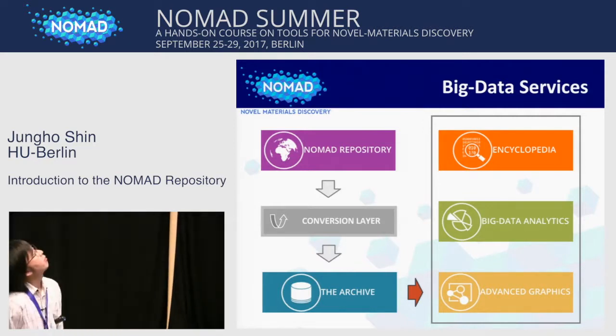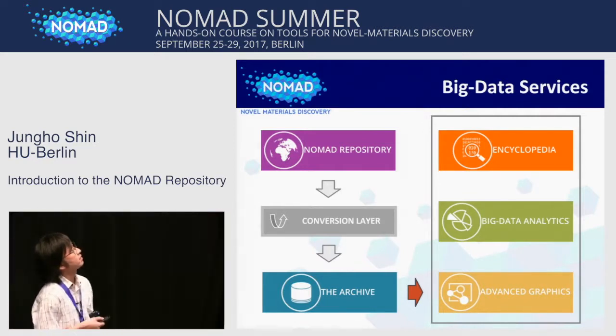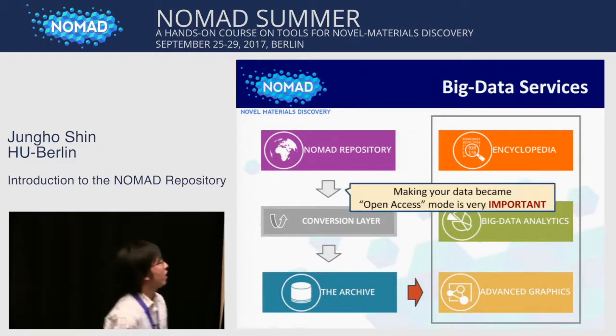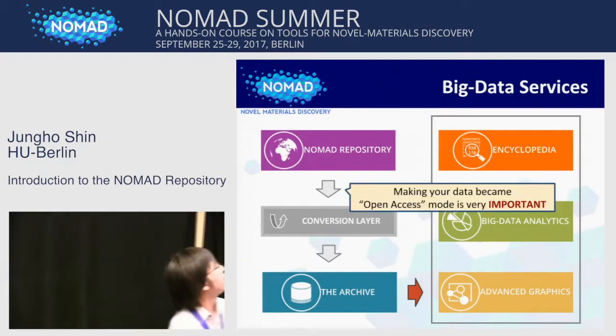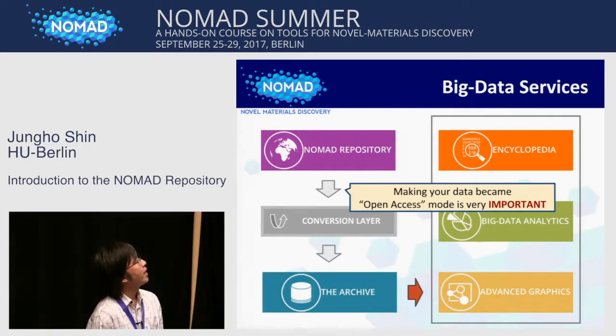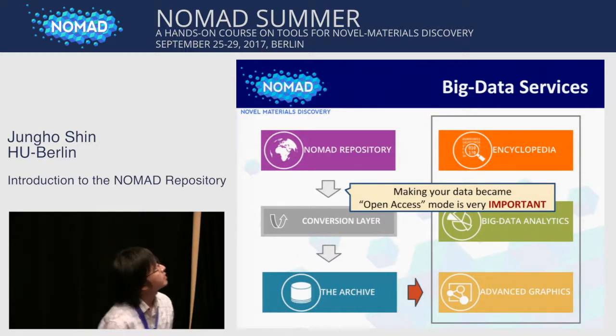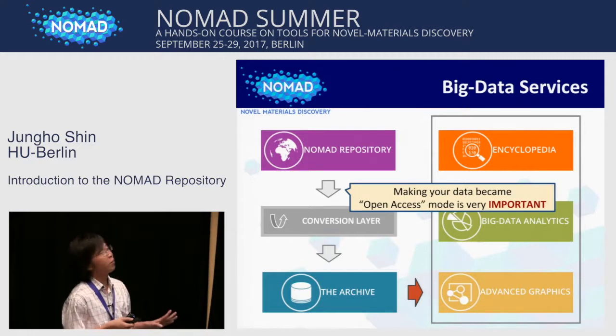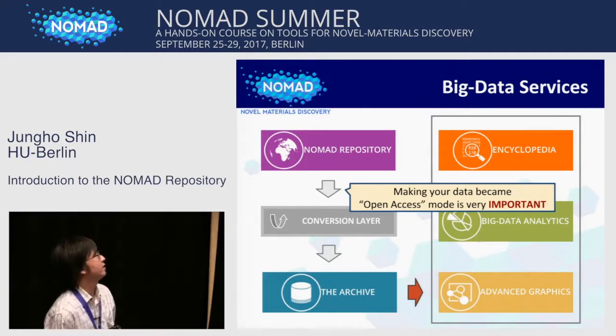Here, what we are seeing is data from the repository being propagated to the further processes of NOMAD. What you should know from this figure is that making your data open access is very important, because only for open access data can this step be triggered.